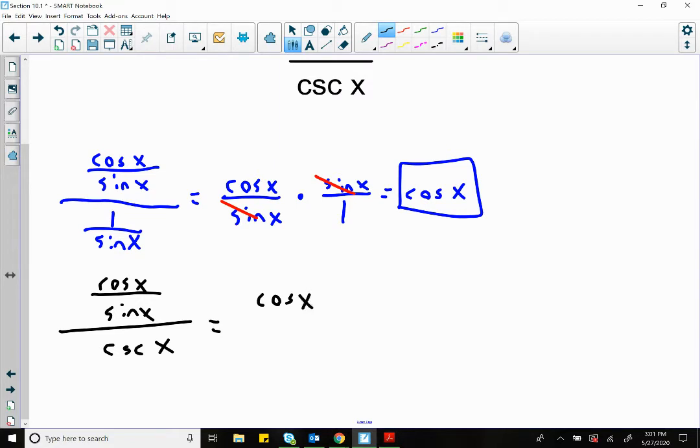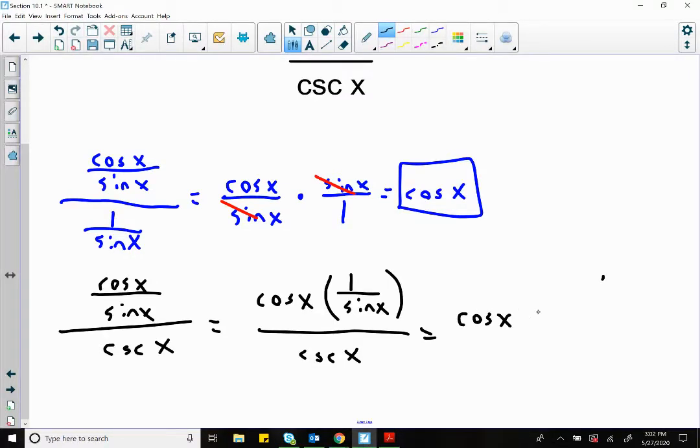Cosine x times 1 over sine x. That's how I can think about these. I can move the cosine in front and call this 1 over sine x. And then on the bottom, I still have cosecant x, right? And then now I know that 1 over sine is cosecant.